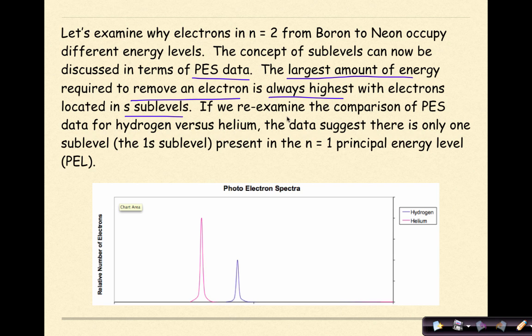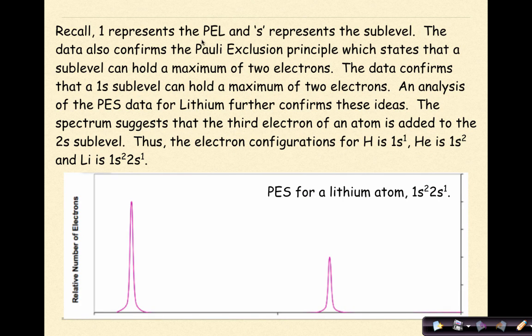If we re-examine the comparison of PES data for hydrogen versus helium, the data suggests there is only one sublevel, the 1s sublevel, present in the first principal energy level. Recall, 1 represents the principal energy level and s represents the sublevel. The data also confirms the Pauli exclusion principle, which states that a sublevel can hold a maximum of 2 electrons.